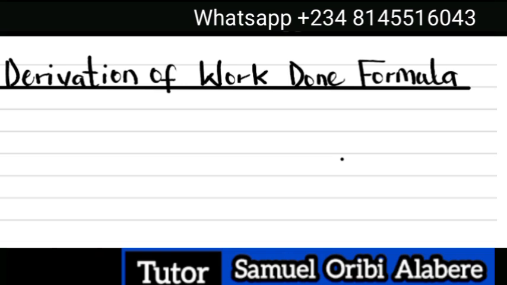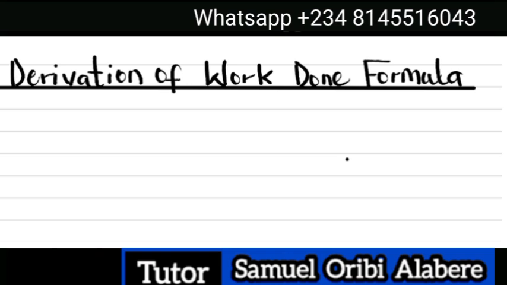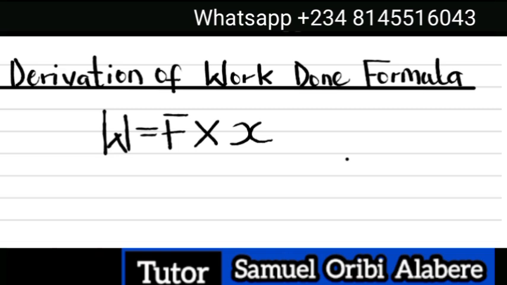Work done is also called work. We are now going to derive the formula. You should take note that work is equal to force times distance, that is F times x.